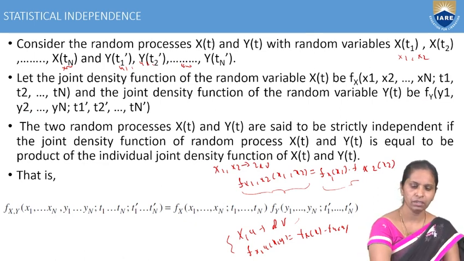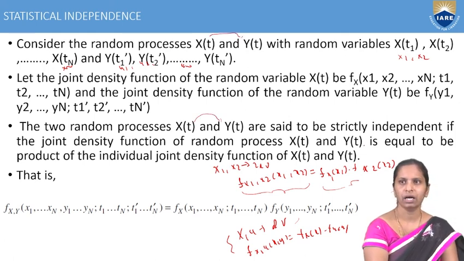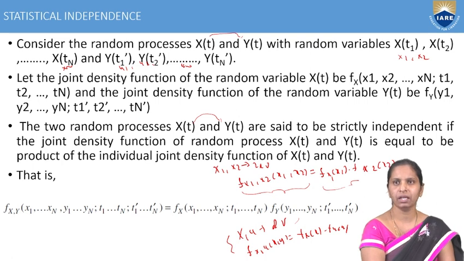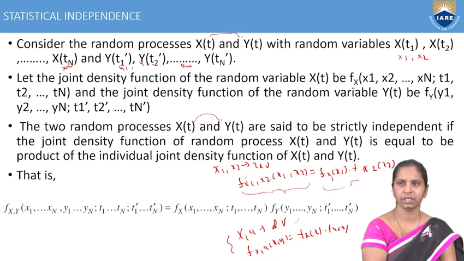Then these two random processes x of t and y of t are statistically independent if their joint density function is equal to the product of their individual joint density functions.